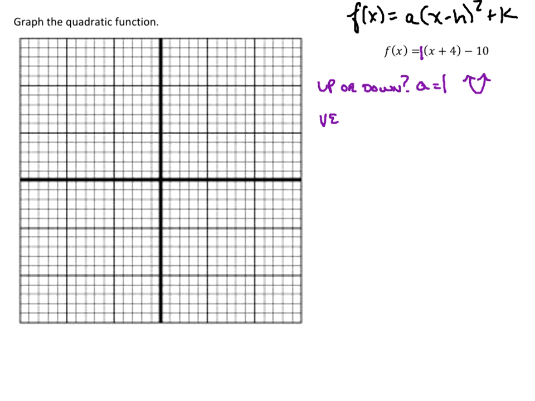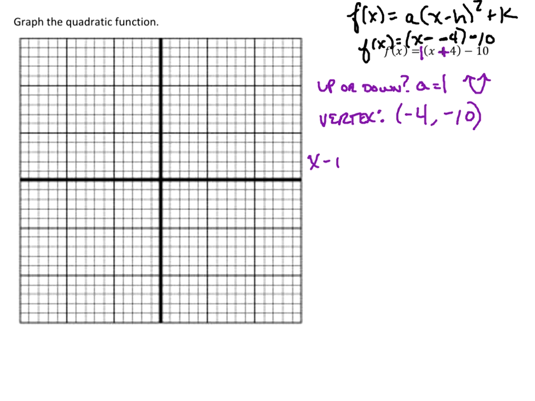The next thing is the vertex. Notice this one's got a plus in the equation. So I need to rewrite this as f of x equals x minus negative 4 squared minus 10, which means our vertex h, k is negative 4, negative 10.